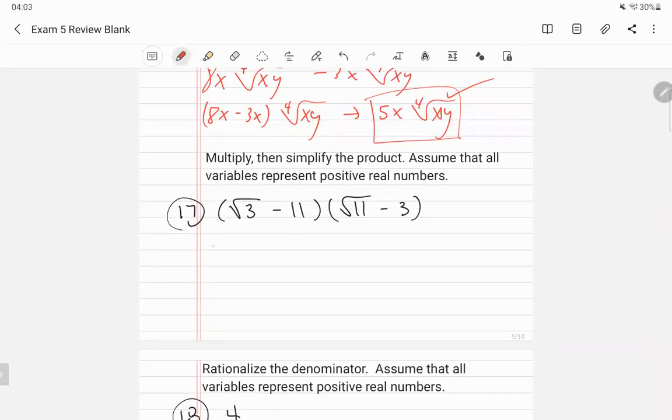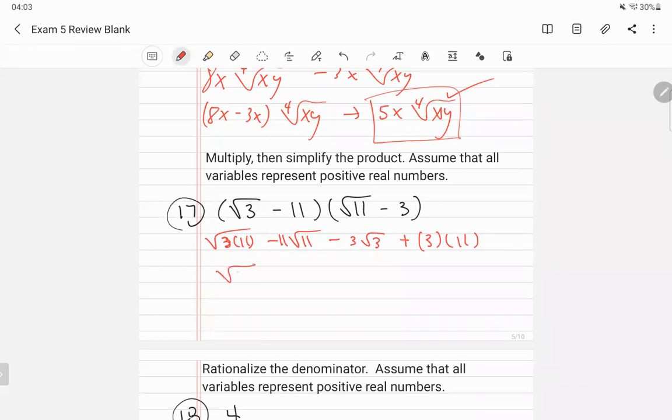All right, so square root of 3 times 11 minus square root of 11 times 11 minus 3 times square root of 3 plus 3 times 11. Cool, yeah.